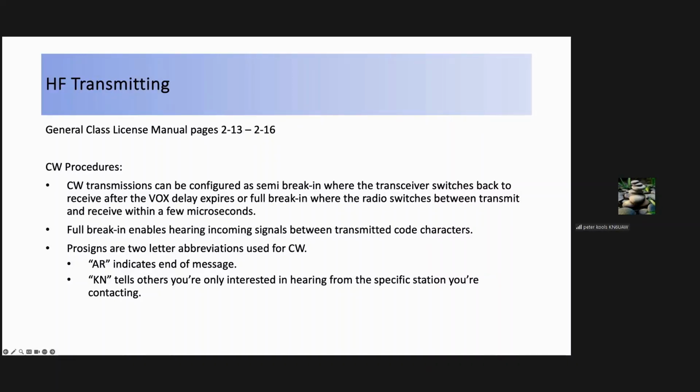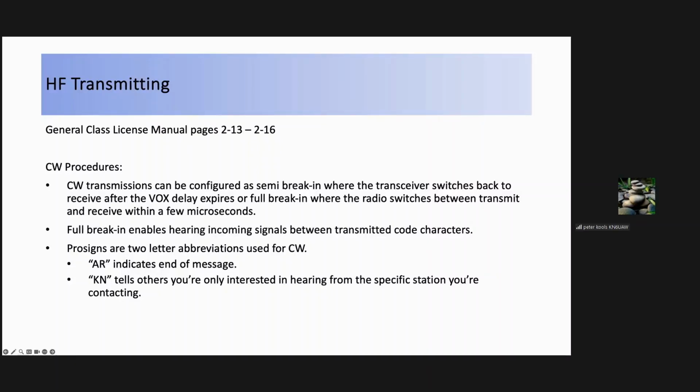CW transmission, so your transceiver can generally be configured when sending CW to be either semi-break-in or full break-in. The other thing that your transmitter can be configured to do is to use push-to-talk, a little button on the hand mic, or a foot button if you're using a table mic, or VOX, which is voice activated.